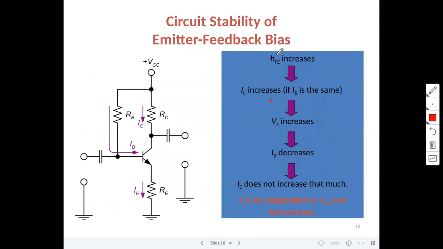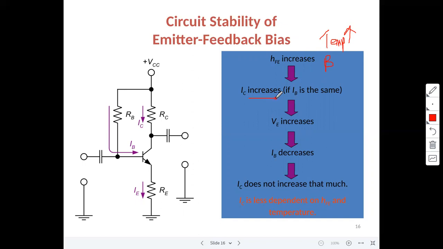Why is it like this? Observe here: as HFE or beta increases, the first cause is temperature. As temperature increases, HFE increases. HFE increases, IC increases.